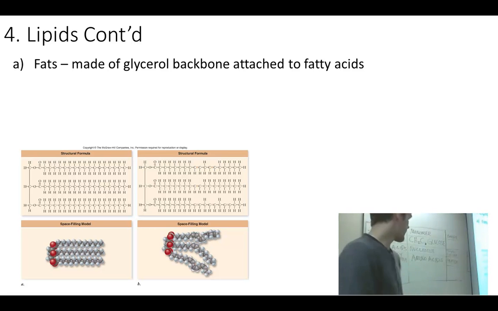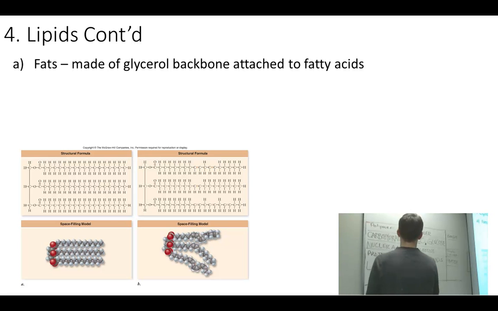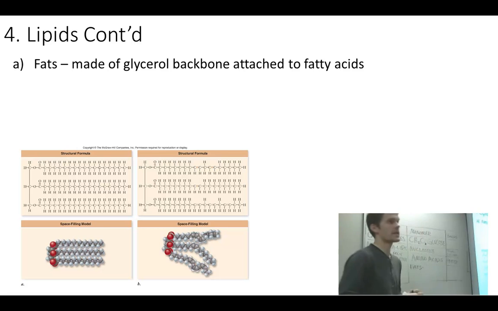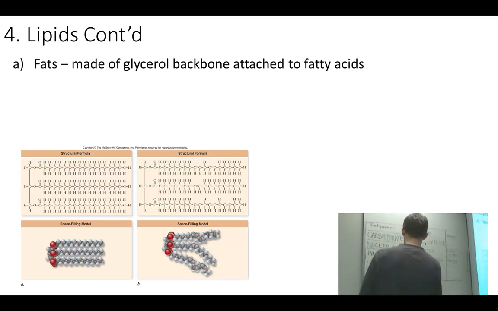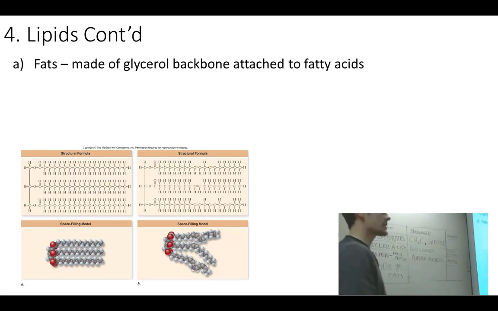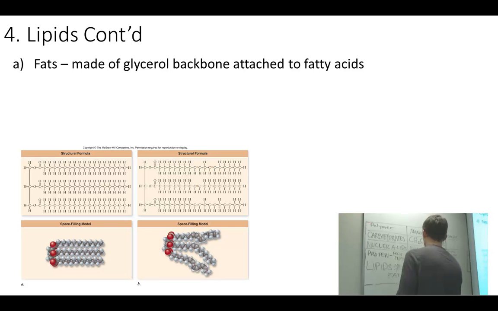So lipids then are made of... one type of lipid is fats. Okay, and they are made of a glycerol backbone and fatty acids.